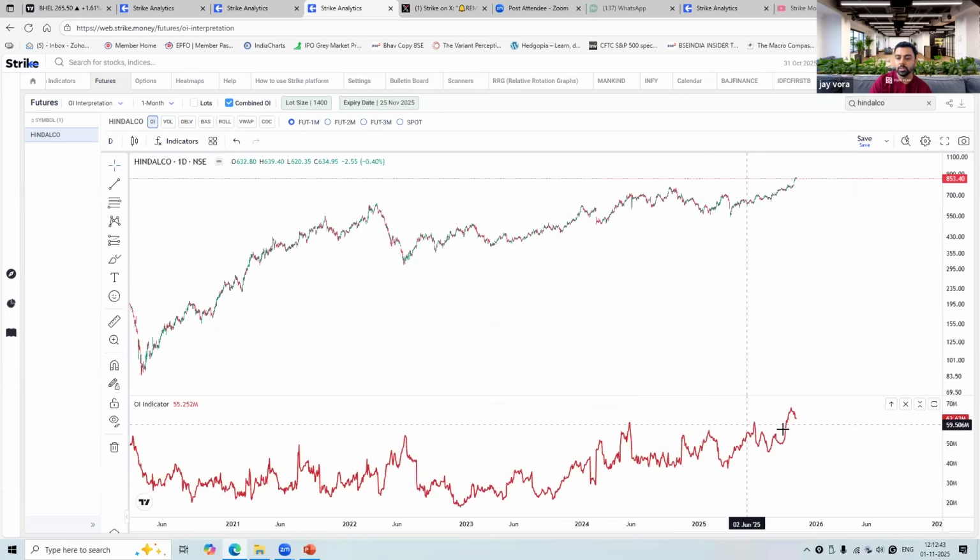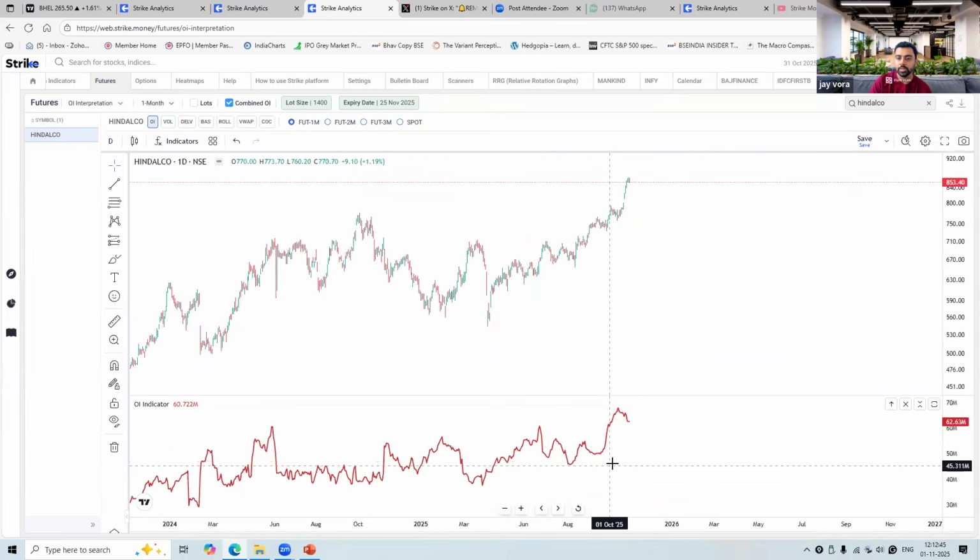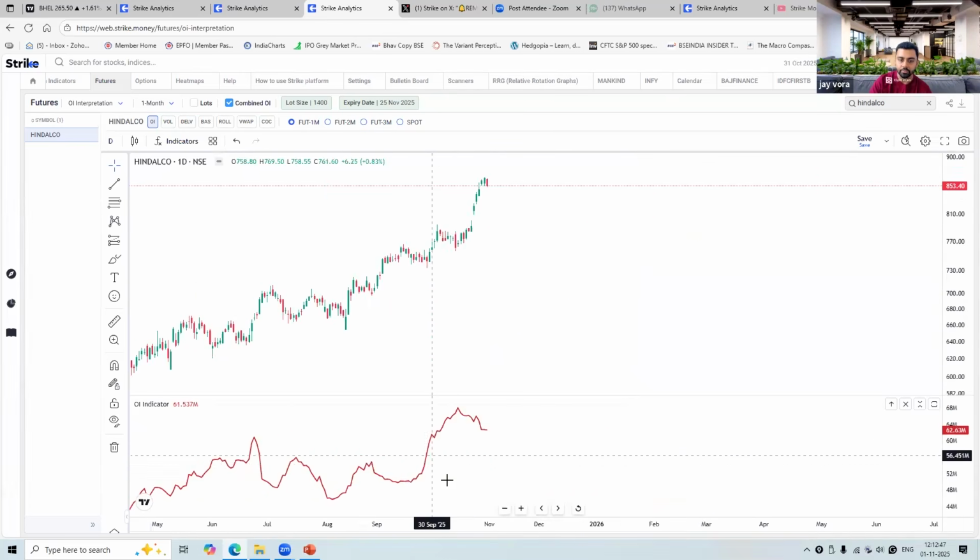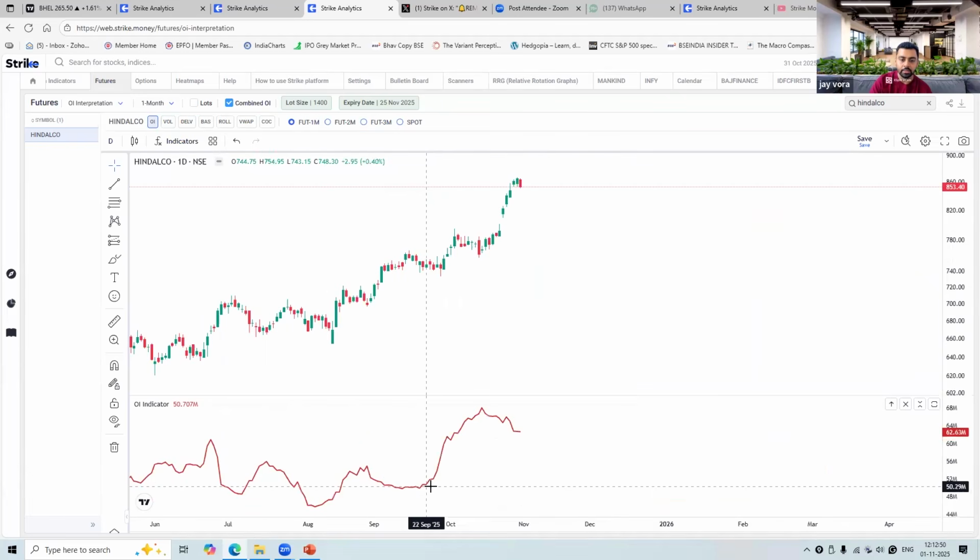It could be, because over here one thing is for sure: the open interest is high. The only thing I have to figure out is whether there were short positions in this case, because so far I don't see short buildup. I mean, I don't see buildup in longs either, right?